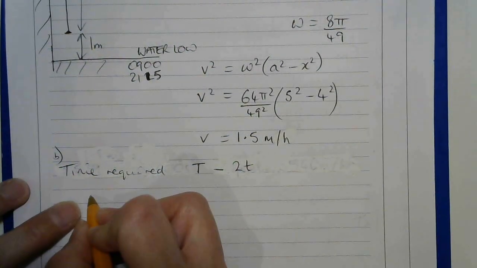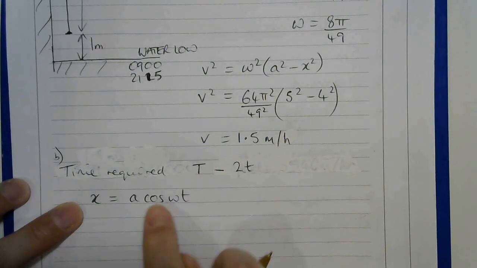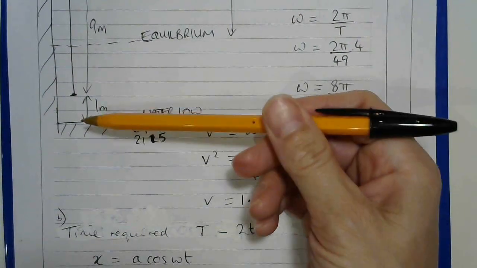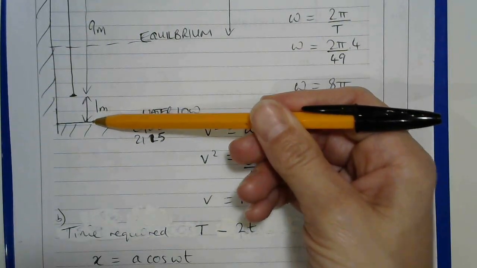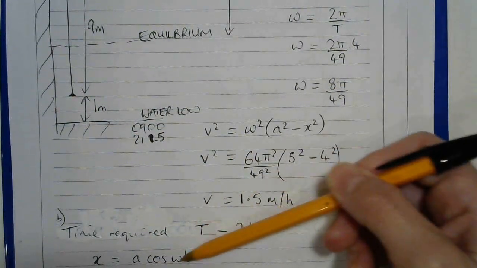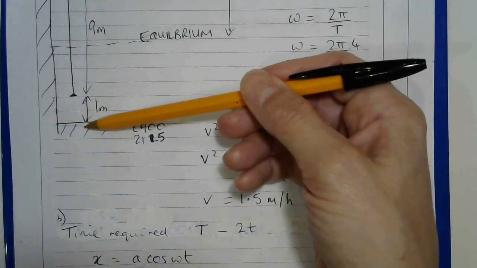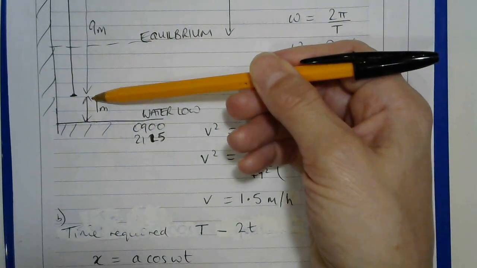So if I use x equals a cos omega t, I'm using cos omega t rather than sin omega t because the simple harmonic motion starts here when t is 0. Cos of 0 is 1, and so I'll get that x is a. Okay, so basically I want to know when x is 4.